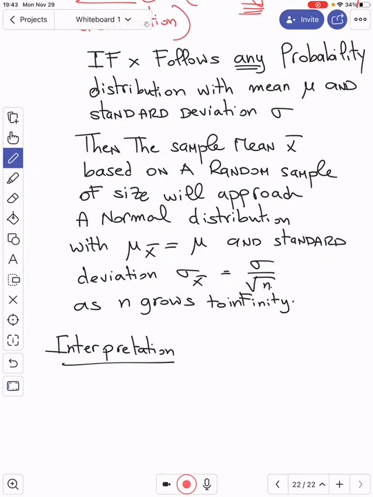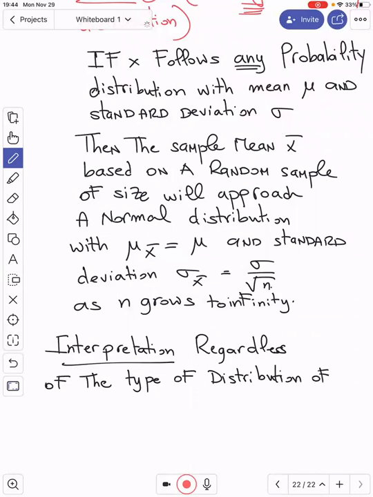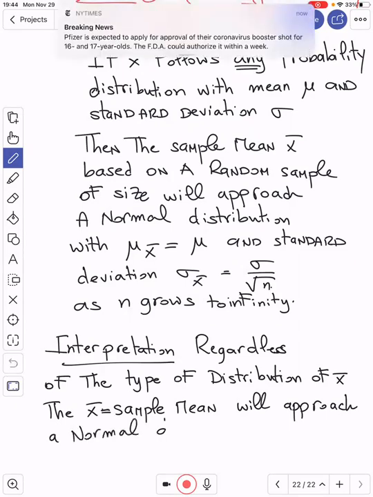Regardless of the type of the distribution of x, that doesn't have to be a normal distribution, the sample mean x bar will approach, or can be approximated by, a normal distribution.